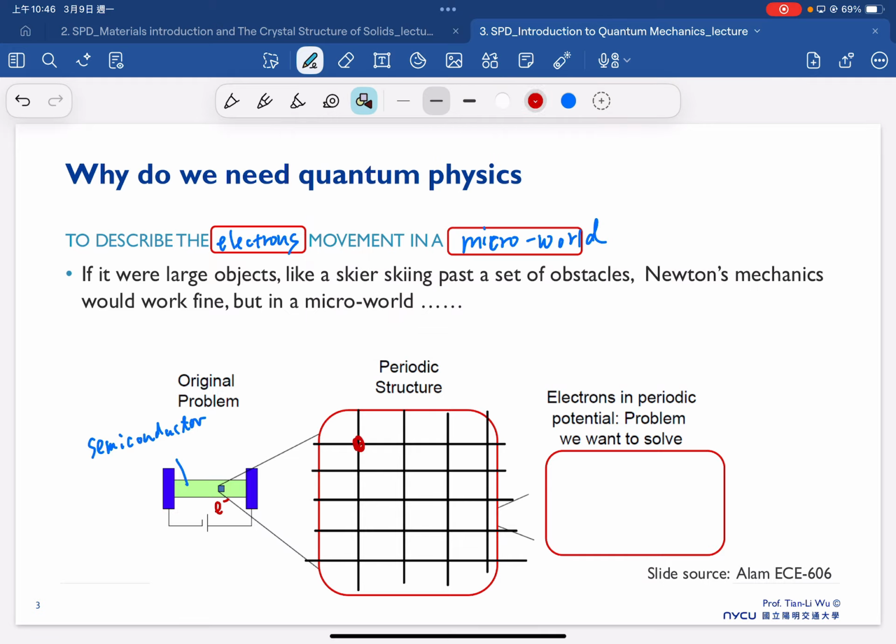We have atoms here, atoms here. That's what we explained in the last chapter, right? This material is just atoms bonding with each other and placed in a periodic structure.